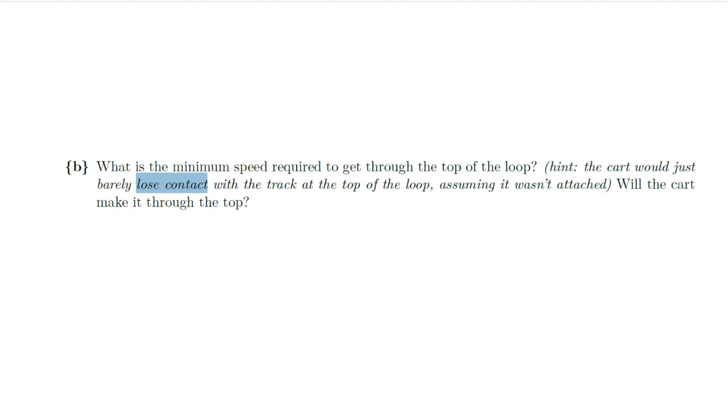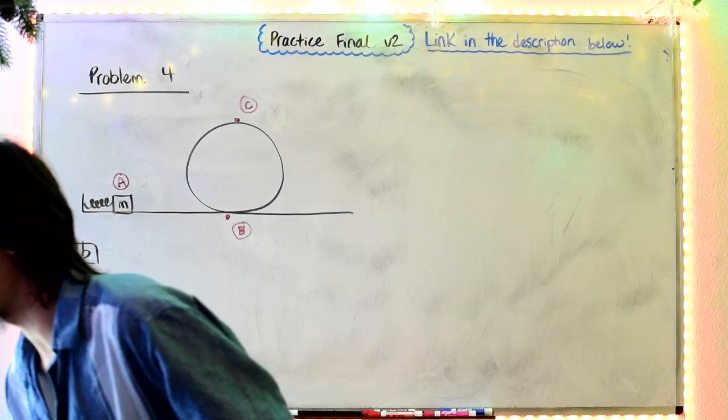Now, losing contact should remind you of what are called contact forces. Forces that only arise when you are in contact with any surface. In other words, if you lose contact, then these special forces will be 0. There are two contact forces. So let me write this out.